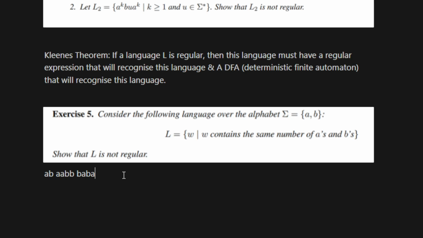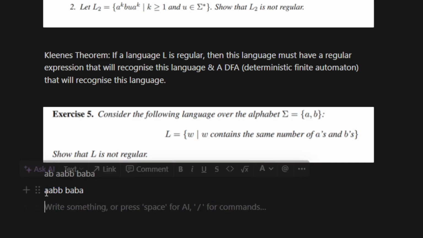B's and A's. Now, technically, we can write this in such a way to reduce what we're looking at, because, for example, if we look at AABB and BABA, they look different because they have a different pattern.